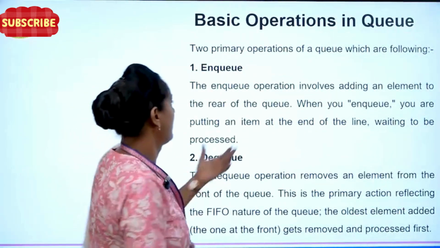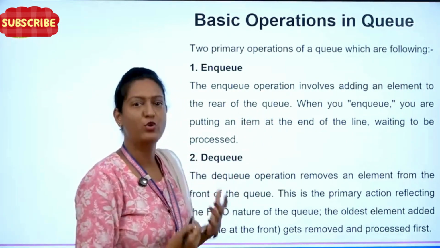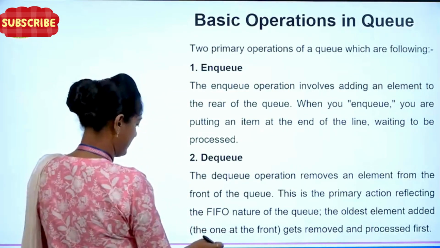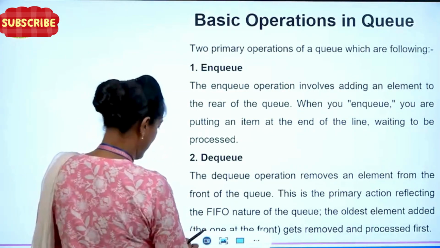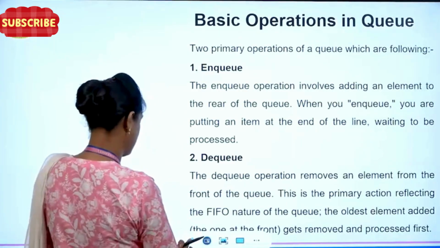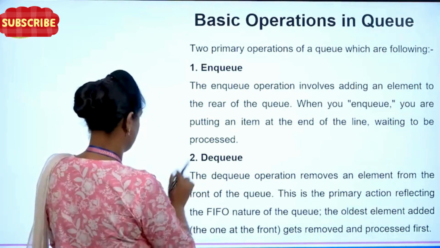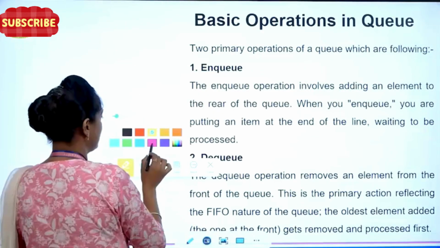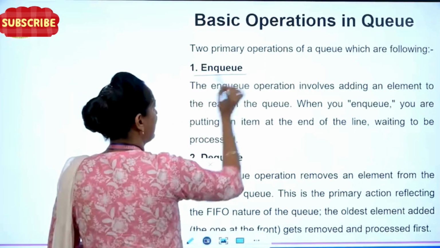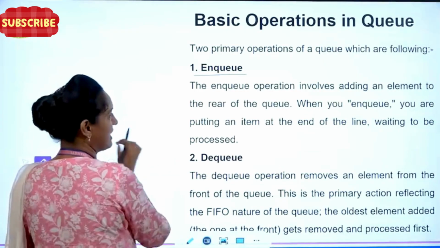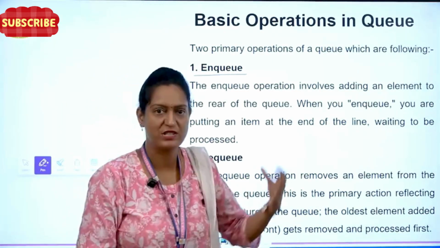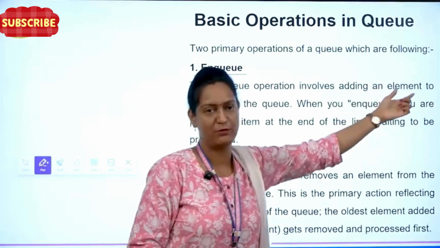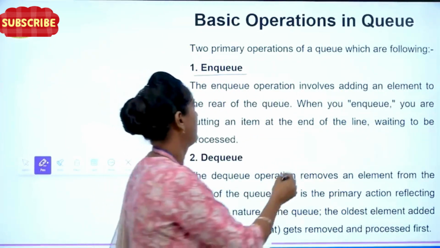So here we have 2 major operations. One is Enqueue and another one is Dequeue. Enqueue means the operation which is involved for adding an element to the queue, right?